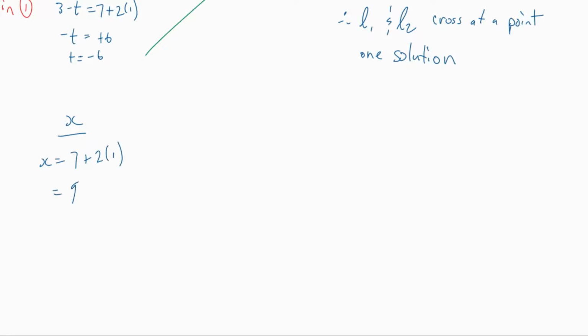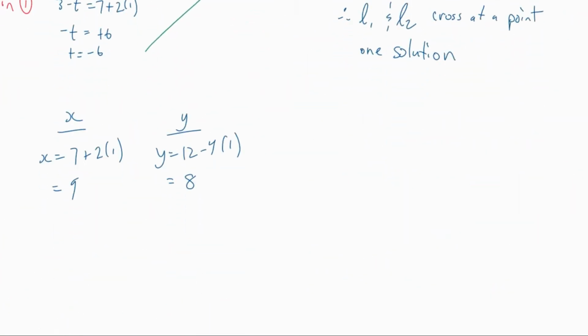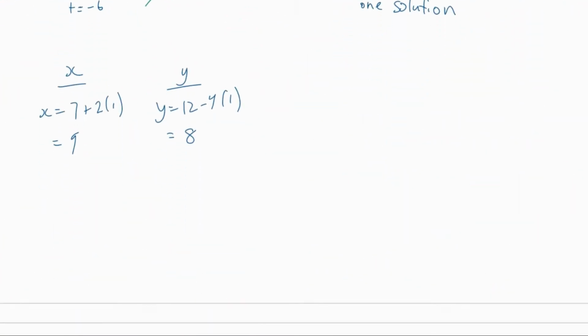I've got my y, which is y equals 12 minus 4 times m, and m is 1, and that's 8. I'm choosing line 2, which has parameter m, because 1 is easier to use than -6. But it really doesn't matter, right? You could use either. And then z equals 17 plus 5 times m, which is 5 times 1, which is 22.